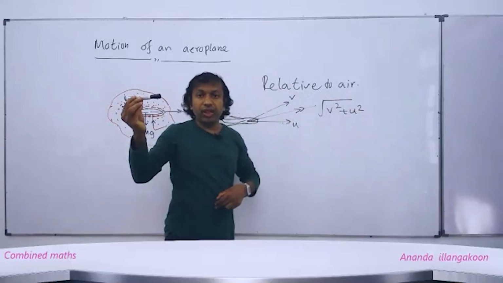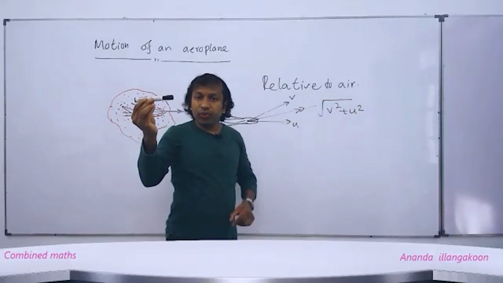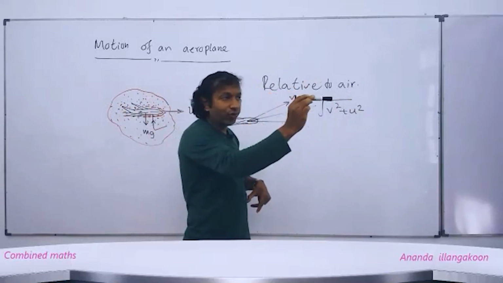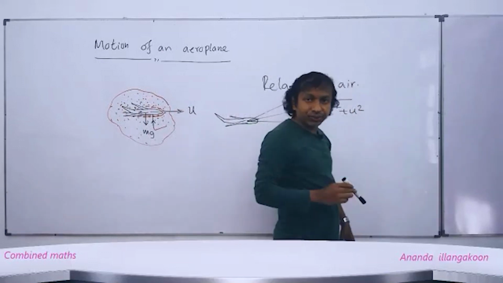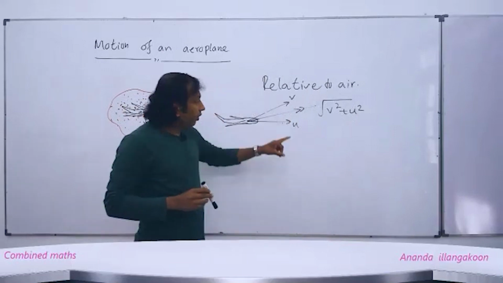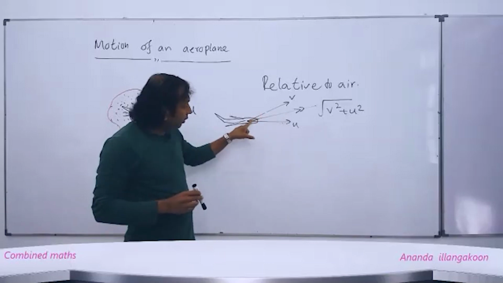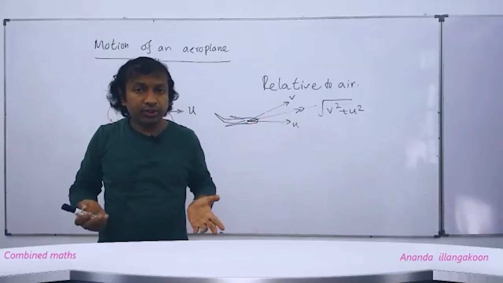So it is really moving, keeping the body of the aeroplane like this. It is moving towards the board while it is moving forward. That is because of the resultant velocity of the aeroplane acting in this direction. Okay, this is what really happens, people.